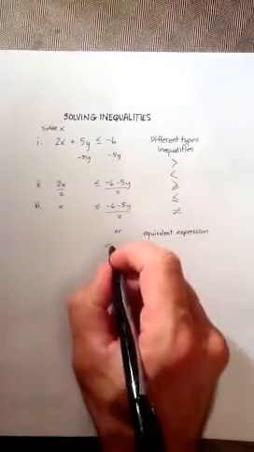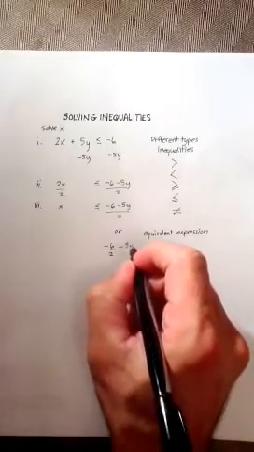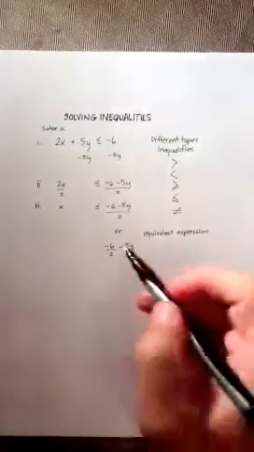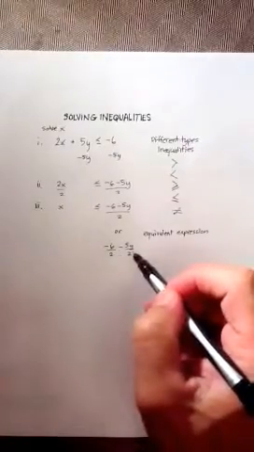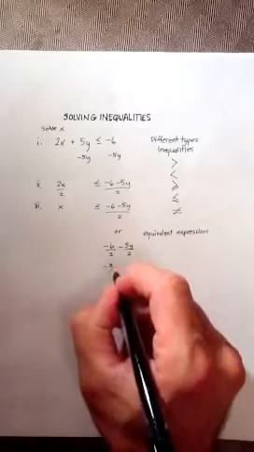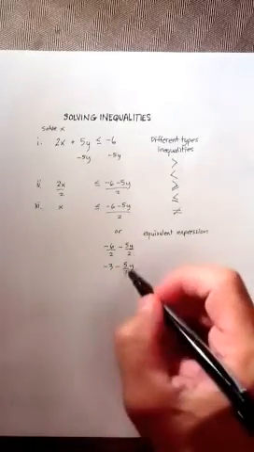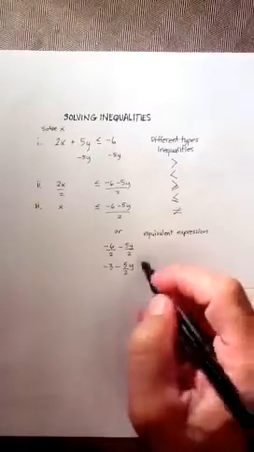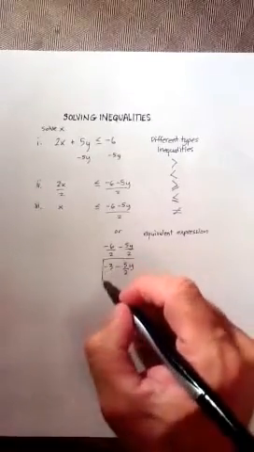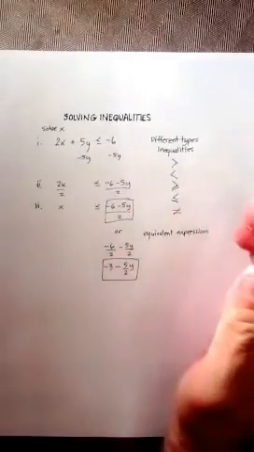So you'd say negative 6 over 2 minus 5y over 2. And if you can reduce either of these terms, you should do so. In this case, we can. So you get negative 3 minus 5 over 2 y, which is the same thing as 5y over 2. So these are called equivalent expressions.